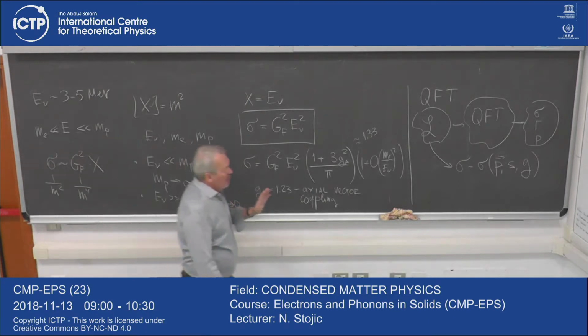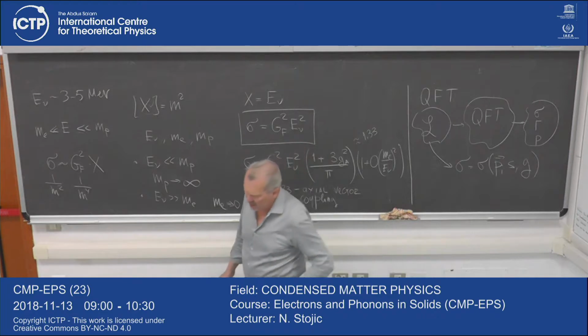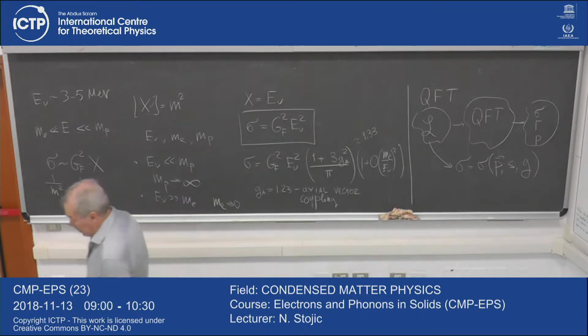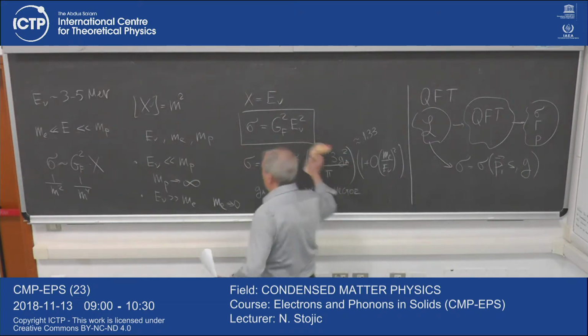You can compute almost precisely and completely, and in fact in recent years there was a big development in how to do computations, even high order computations, without really computing Feynman diagrams, using the tricks which I have used here.